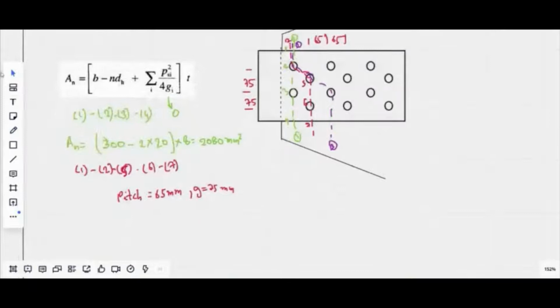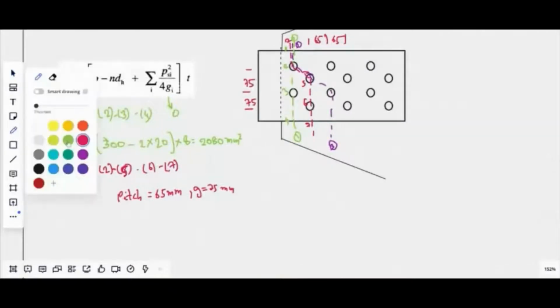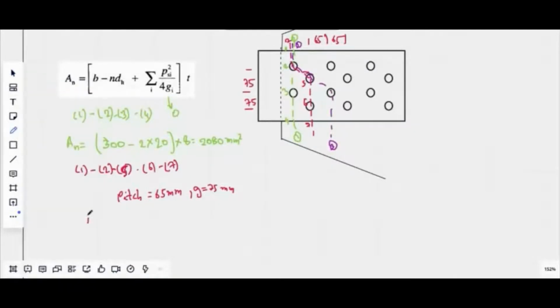So let us substitute in the formula. Let us calculate the net area, where 300 is the width. There are three number of bolts here, minus 3 into diameter of bolt hole, which is 20, plus there is one inclined pitch.